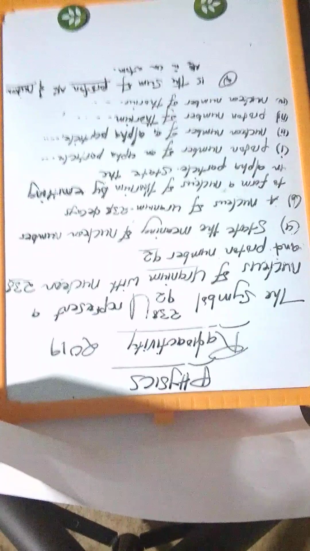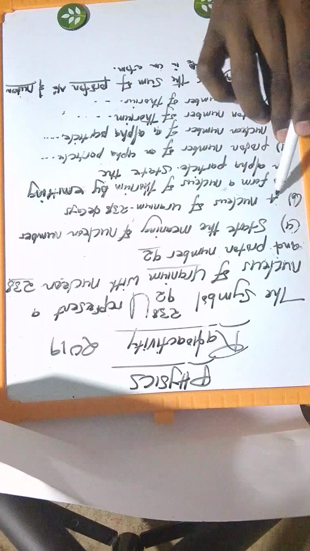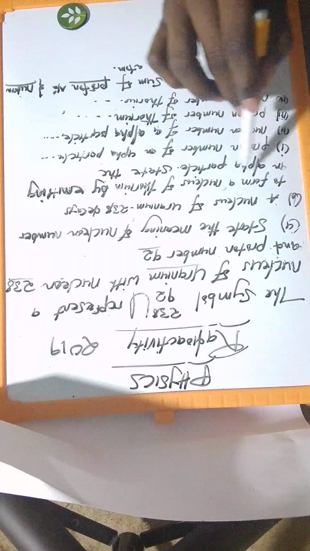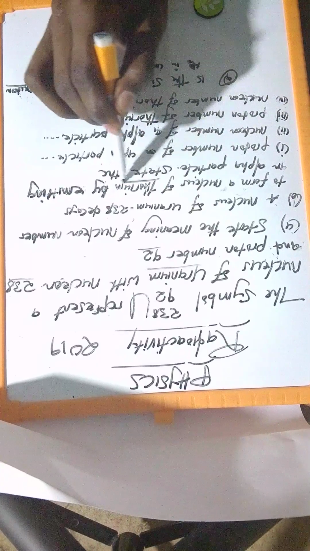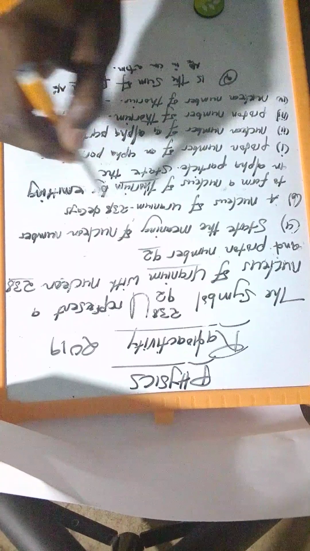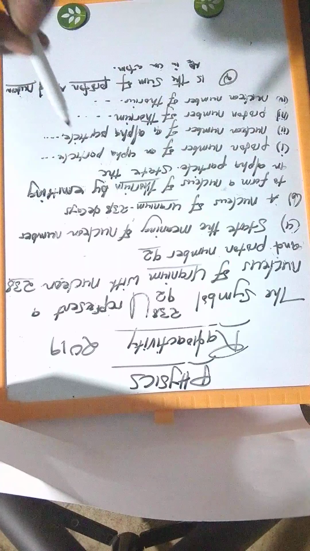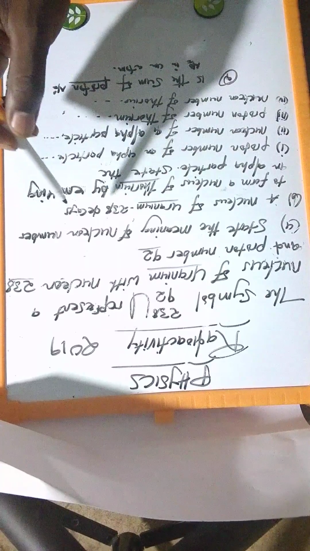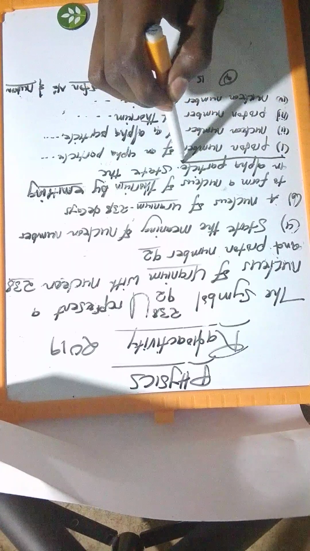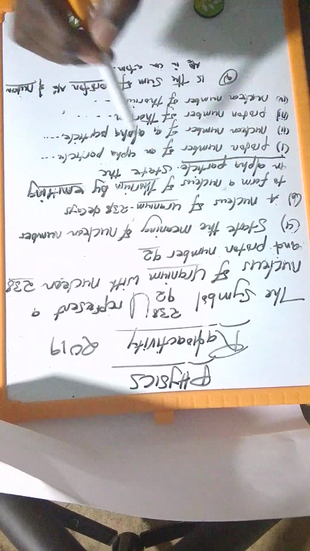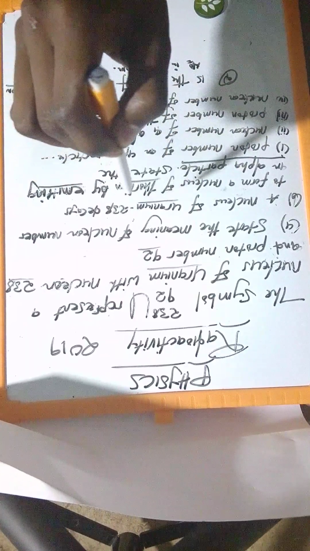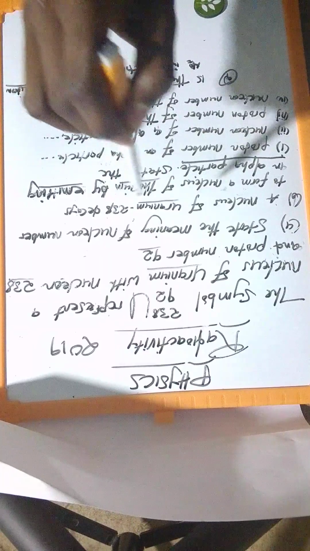Then the next one, B, a nucleus of uranium-238 decays to form a nucleus of thorium. So they have given us the product which will come out after this uranium has undergone decay by emitting an alpha particle. So this one was very simple because they have told you that once the nucleus of uranium decays, it will give us thorium.